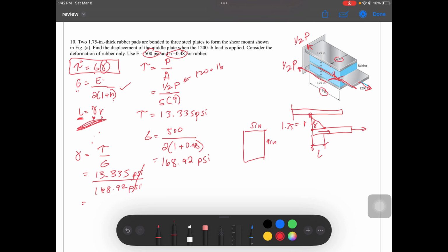So our gamma is equal to 0.0789 radian. In radian, that is really the unit when you use this formula. So now we are able to get L, which is the linear displacement, times our radius R, which is 1.75.